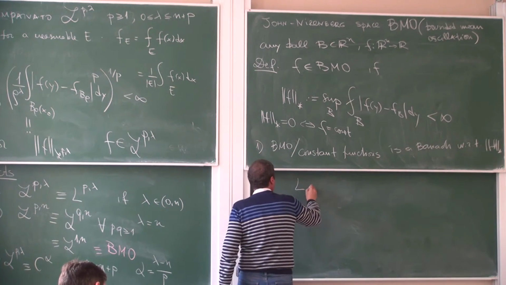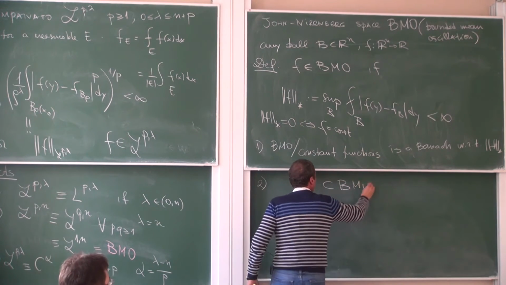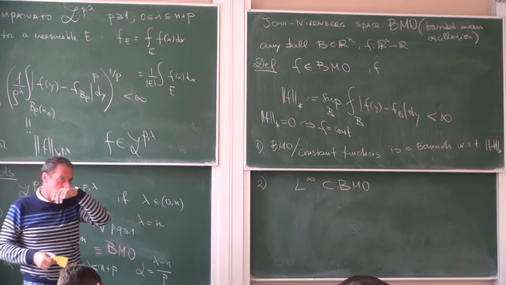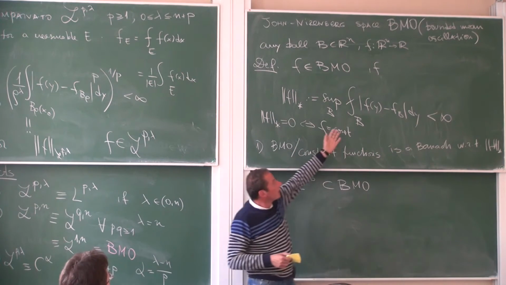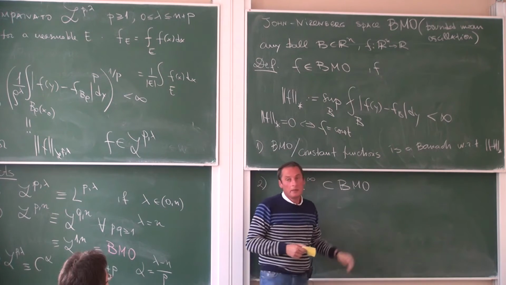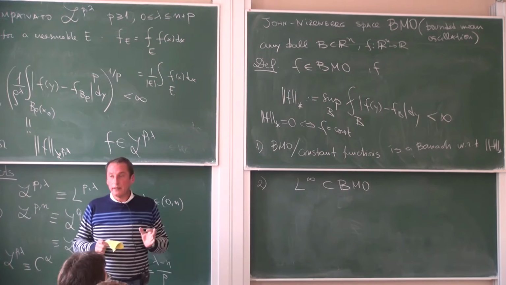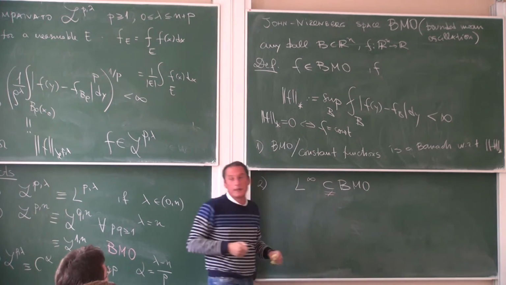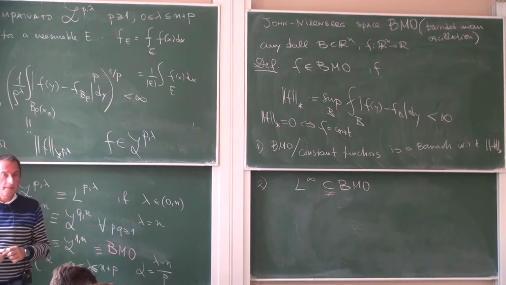Well, it is immediate that L infinity is a subspace of BMO. So if you have an essentially bounded function, then of course the mean oscillation is bounded. So BMO is somewhat larger than L infinity. But what is interesting is that L infinity is a proper subspace of BMO.